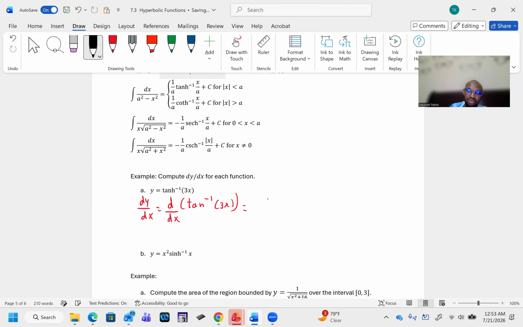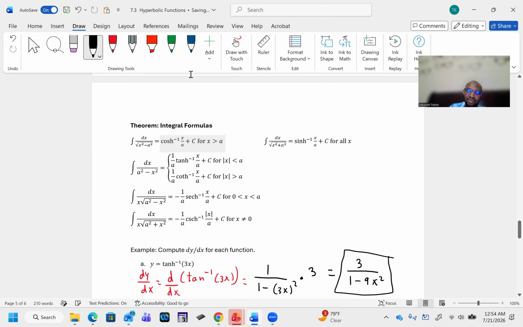Do not overthink: it is 1 divided by 1 minus (3x) squared, times the derivative of 3x, which is 3. Simplifying, this gives 3 divided by 1 minus 9x squared. That's it.